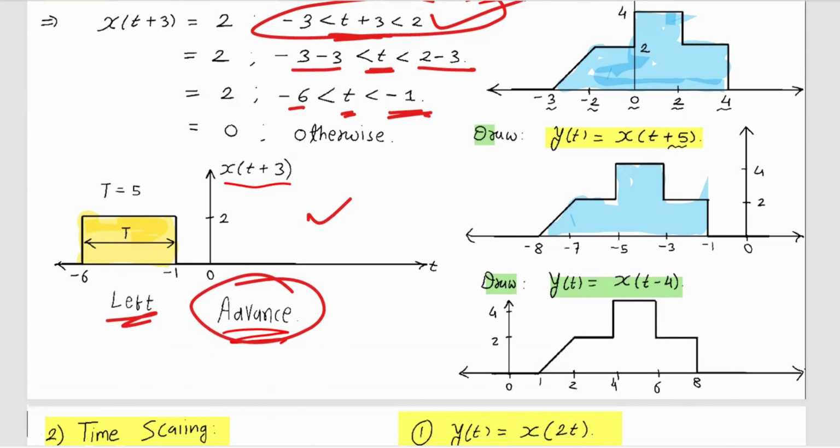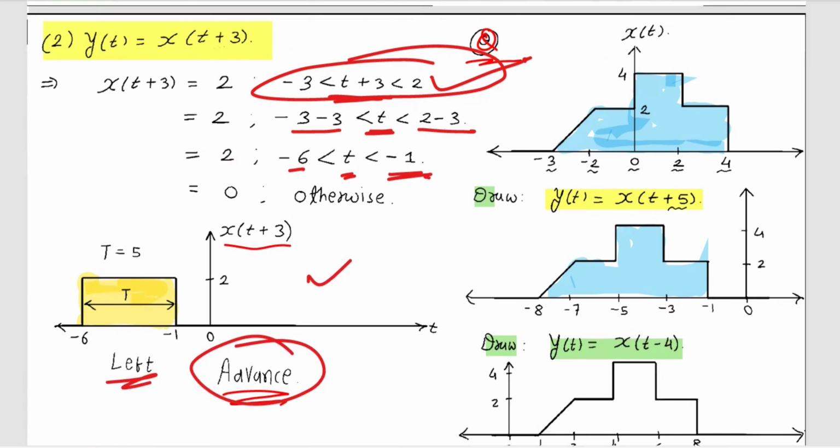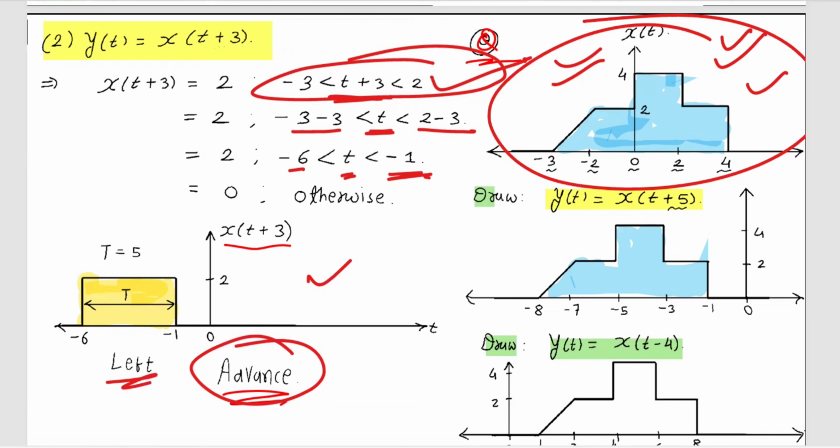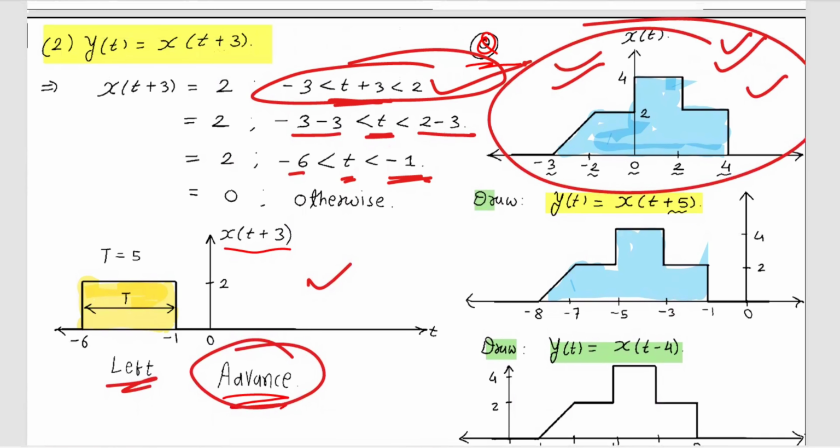Similarly, we can have another example. For example, if you have to draw y equal to x(t + 5). Now this is x(t), which is given in the problem, like this. Now you have to draw x(t + 5). So just do one thing. In this particular signal you just replace t by t + 5. So t + 5 means it would be shifted to the left by 5 units.